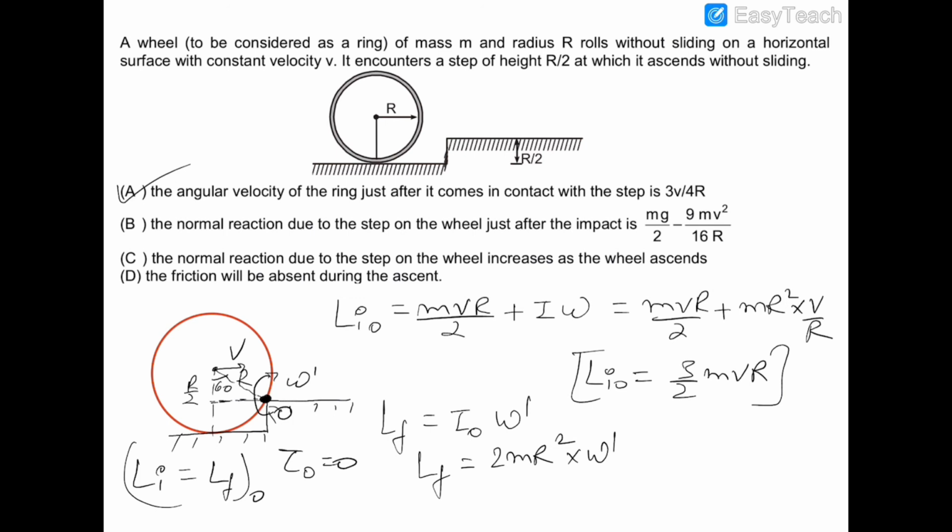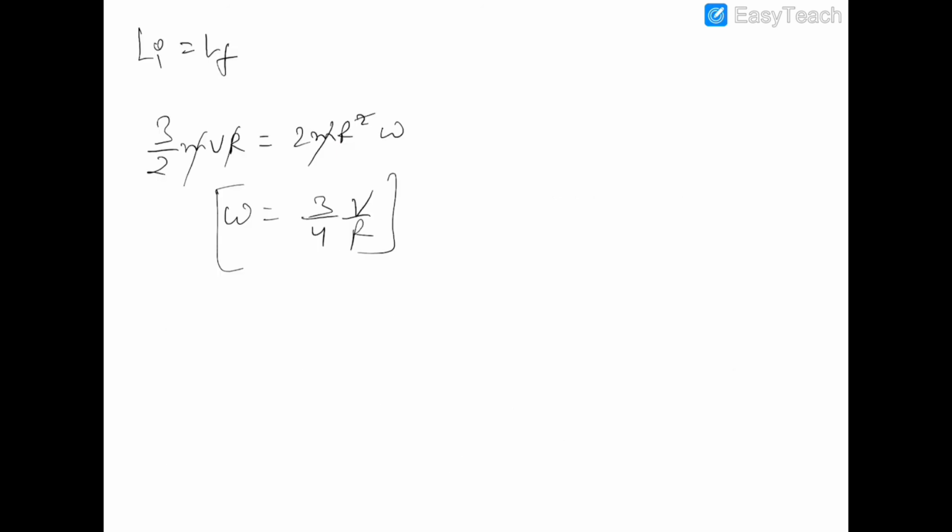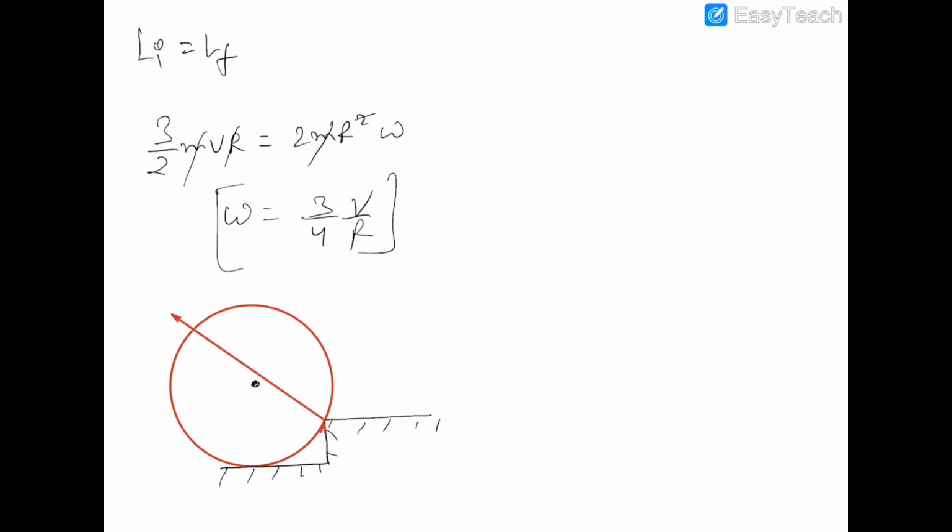Now if we draw another diagram for the normal reaction, then at this point of time when the ring is ascending over the step, the normal reaction would be acting like that. I am drawing that like that, and mg would be acting in this direction.